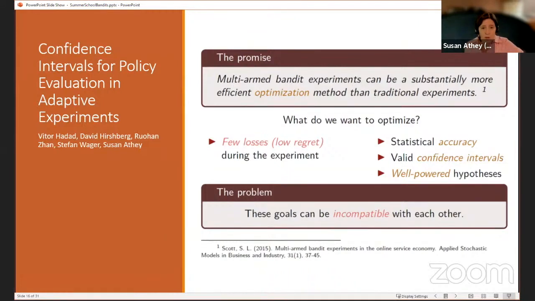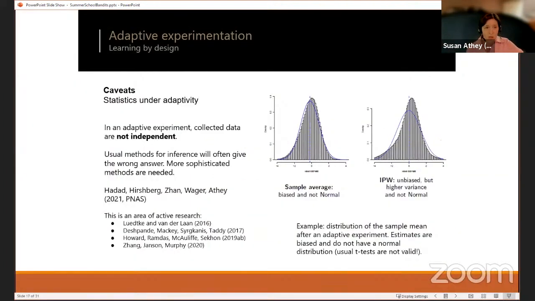First of all, as I mentioned earlier, we may face trade-offs between different objectives. Low regret during the experiment means we want to be adaptive, but afterwards, if we want to test hypotheses, have well-powered hypotheses or valid confidence intervals, those may be in conflict with doing an adaptive experiment. As we learn more about how to achieve each individual objective, that can help us make these trade-offs.